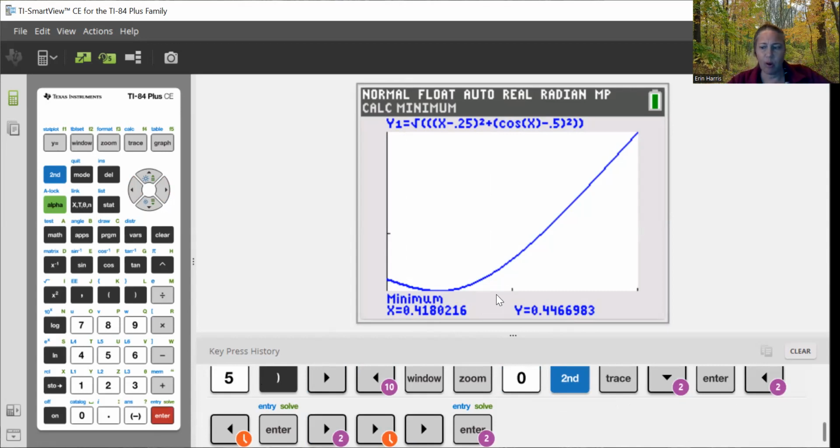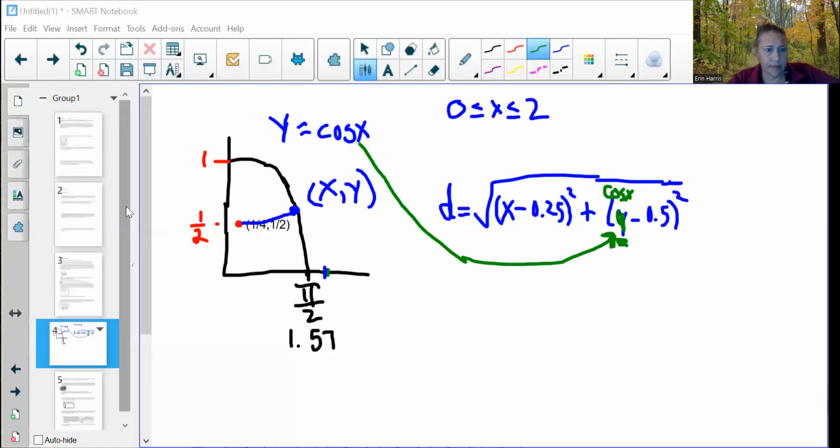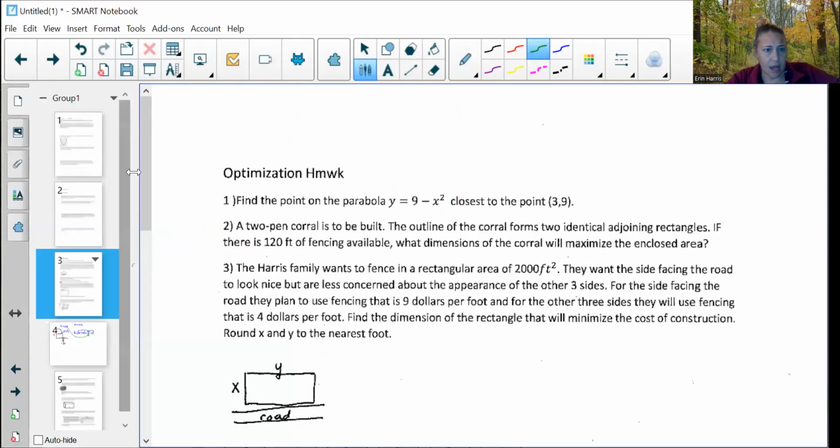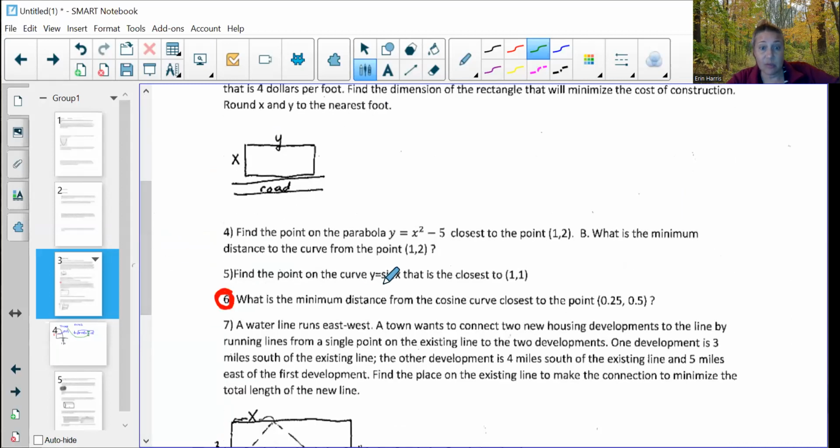So I better read what was asked for in this exercise. I'll stop share here and go back to this, and let's see what was actually asked for in this problem. Because sometimes they ask for the point on the curve. All right, this one asks for the minimum distance.